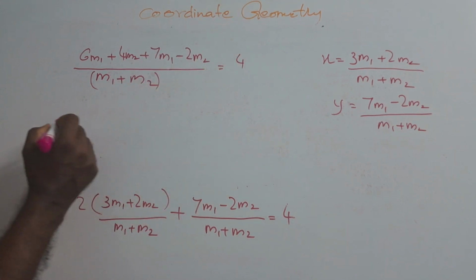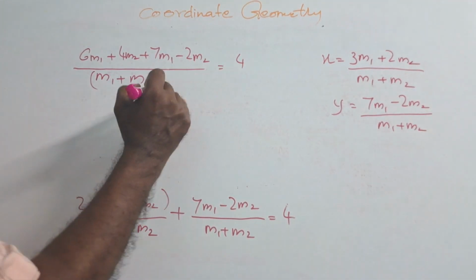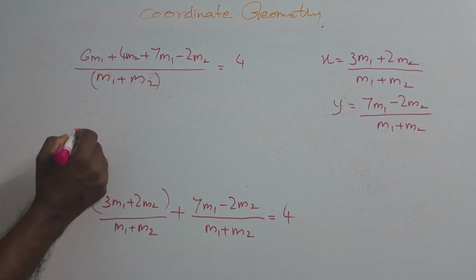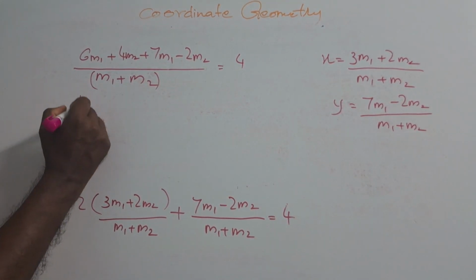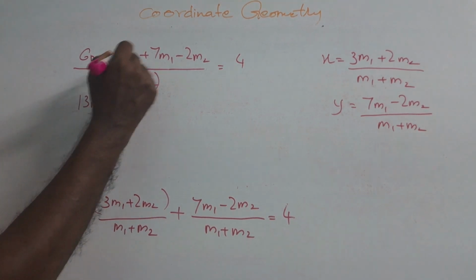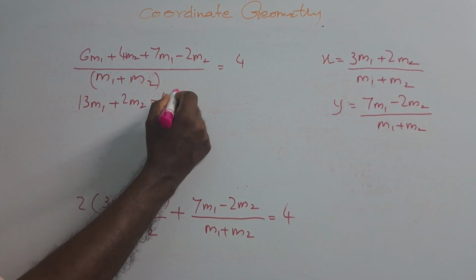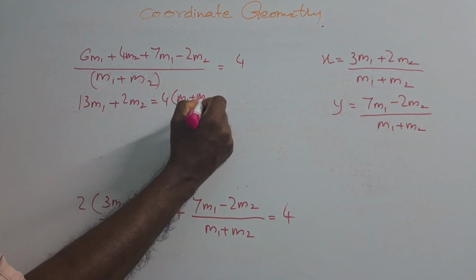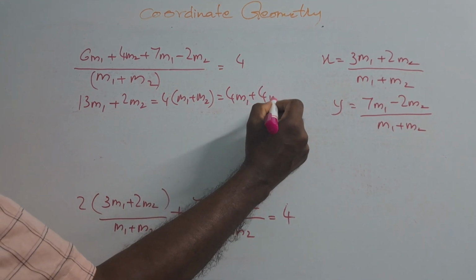By cross multiplication, we can further simplify the equation. 6 plus 7, 13m1 plus 2m2 is equal to 4 into m1 plus m2, equals 4m1 plus 4m2.